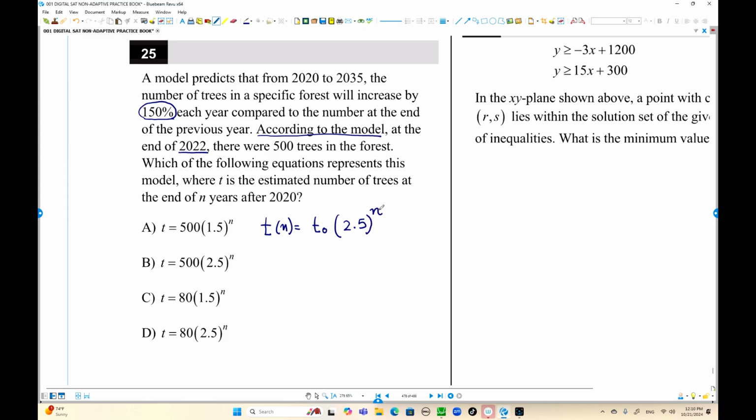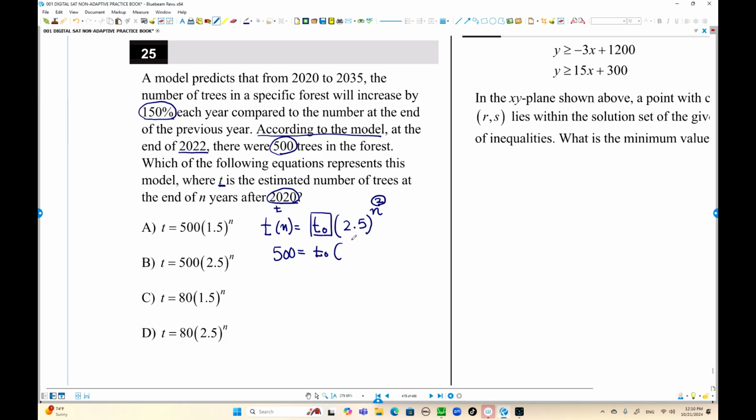That's the equation. But we're going to find the initial value, because the question is asking you the number of trees after 2020. So we start from the number of trees in 2020. That is the initial value. But in 2022, there were 500 trees. So initially equals 2.5 squared, right?